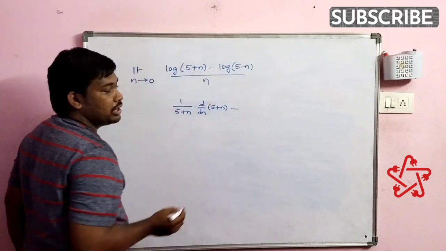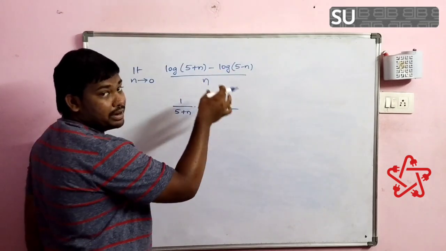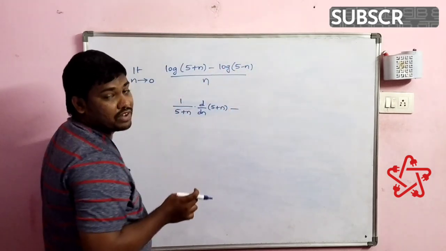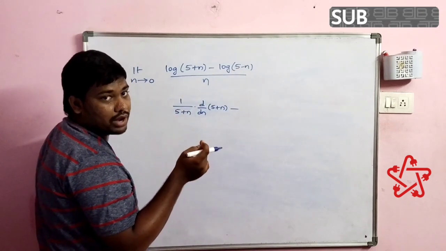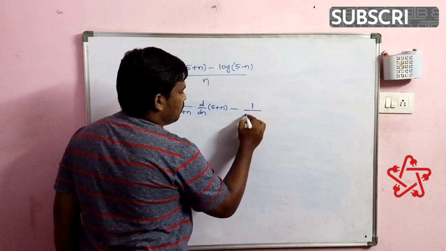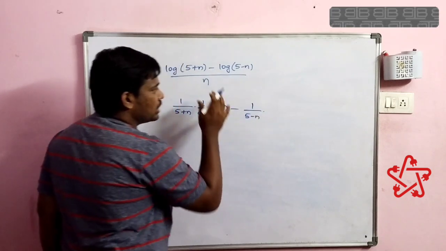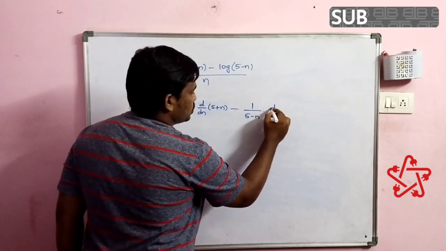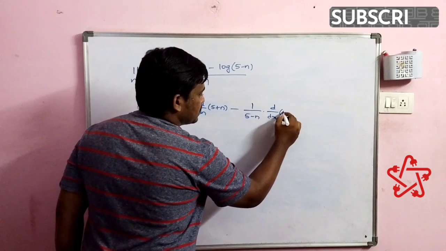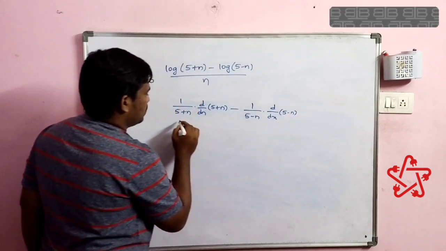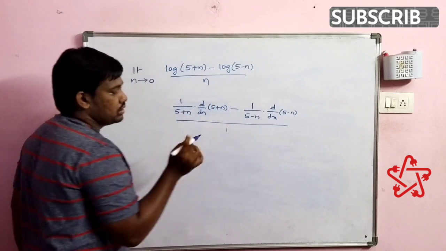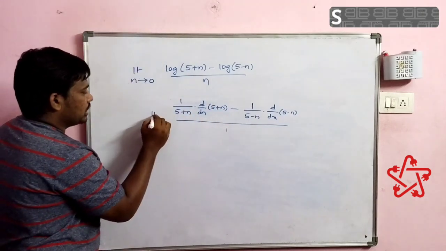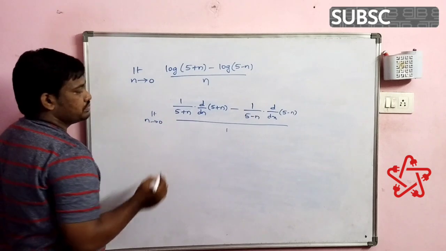Similarly, for log of 5 minus n, let us assume this as x. Differentiation of log x is 1 by x again, but actually it is not x, so d by dx of 5 minus n, divided by differentiation of n, which gives 1. That's it. Limit n tends to 0.